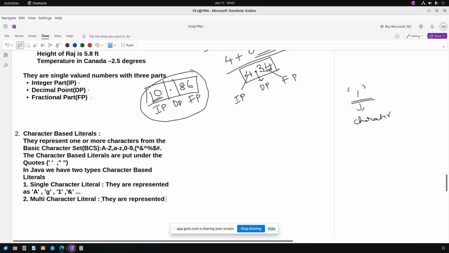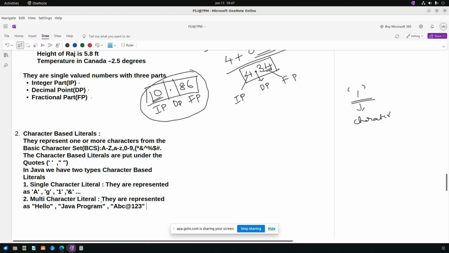For example, if I say hello, or Java program, this is a string. And I can say ABC@123. So this is also a string.